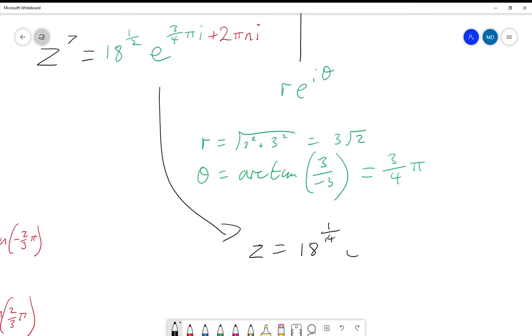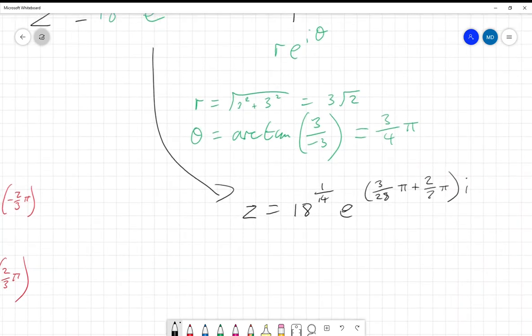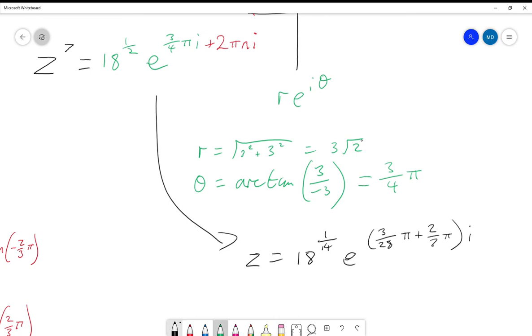multiplied by e to the 3 over 28, and I'm factorizing out the i just to make it easier to deal with, plus 2/7 of pi i. And very, very importantly, don't forget the n there.